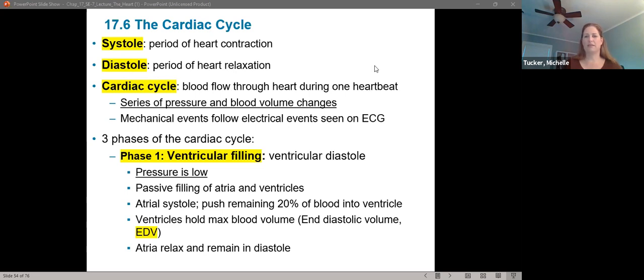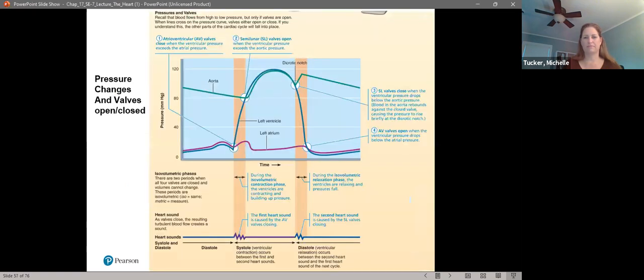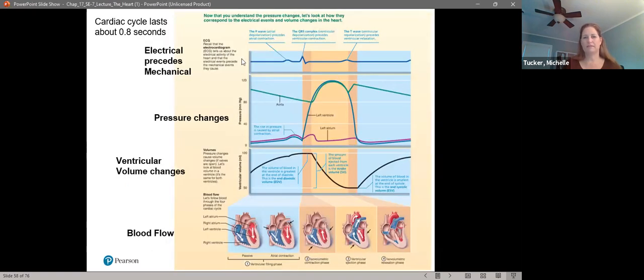It is going to be the series of mechanical events. So we just went over, reviewed rapidly, the electrical events, and then I'll show you this graph.